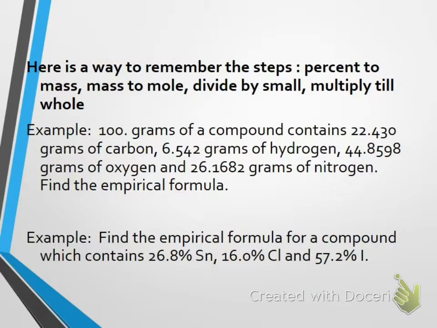So this is the example on your left side, because I need to show you a trick, although I don't think it'll show up in y'all's, that y'all need to be aware of. So we're going to do the example of a 100-gram compound that contains carbon, hydrogen, oxygen, and nitrogen.